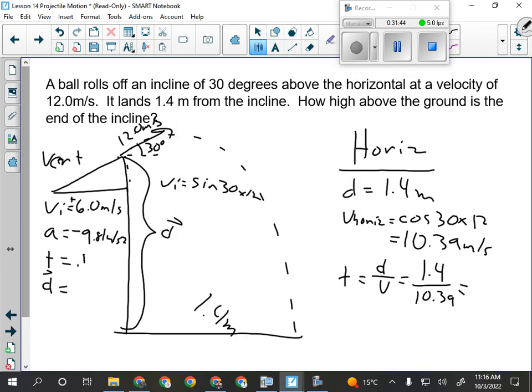That can come over here. And now we can calculate D: VI times T plus 1/2 AT squared. So we'll have our 6 times 0.134, plus 1/2 times negative 9.81 times 0.134 squared.